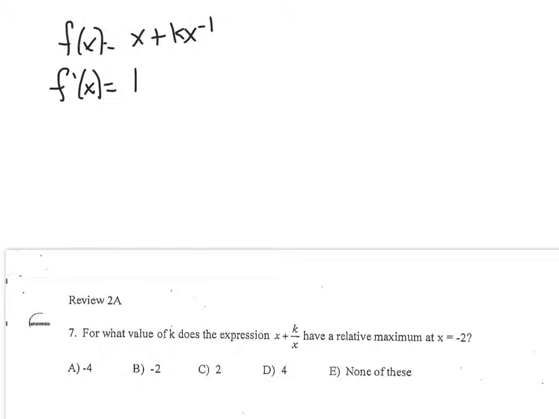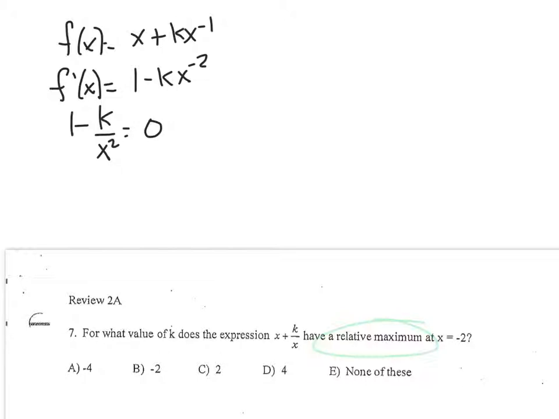Then we get 1 minus k x to the negative 2. Okay, and then set that equal to 0. We're trying to find a relative max. So if you set 1 minus k over x squared equal to 0, and solve for that.